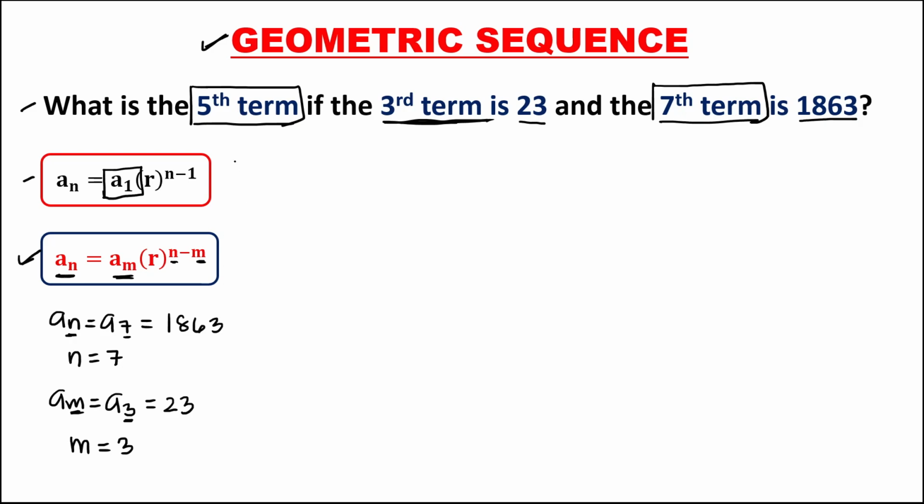Then we can now solve the fifth term, but first we need to find this common ratio. So substitute now all the values.